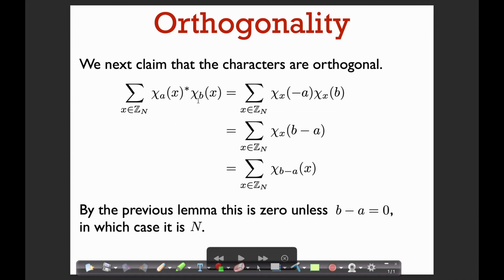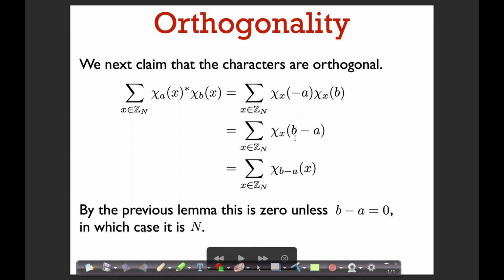So now I'm again going to use a couple of our properties. I'm going to switch the subscript and the argument, and I'm going to use that taking the complex conjugate is the same thing as negating the argument. So that's what I've used here.